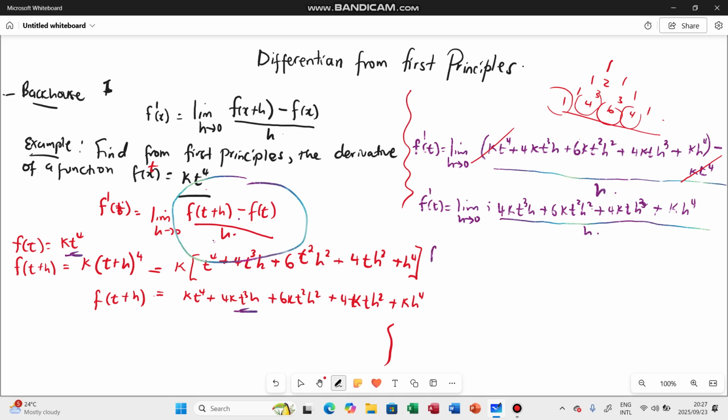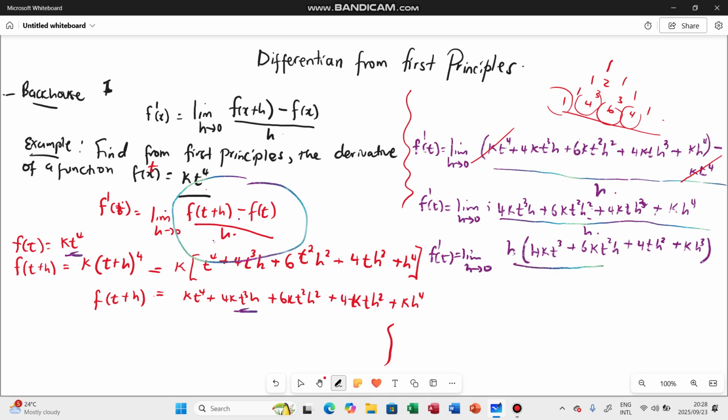Now what is common? When you look at this, our h is common, meaning that if I remove h, I'm remaining with 4kt cubed, the h is out, plus 6kt squared h, because one h is out, plus 4kt h squared, because the h is out, then kh cubed.